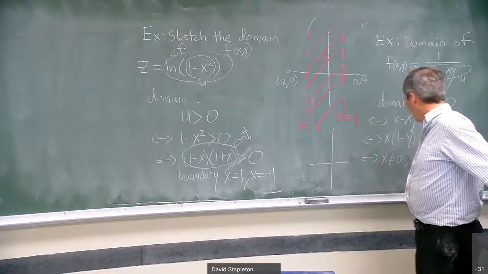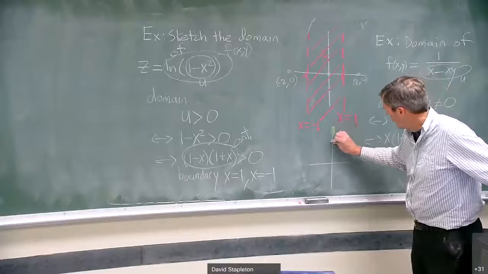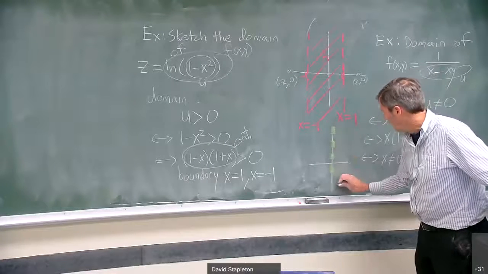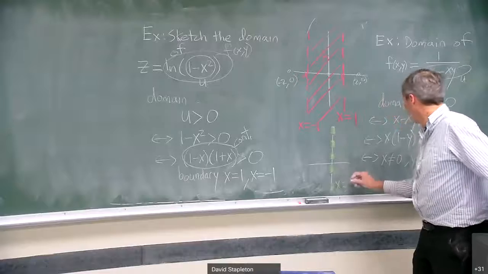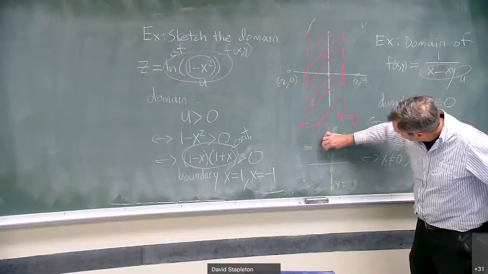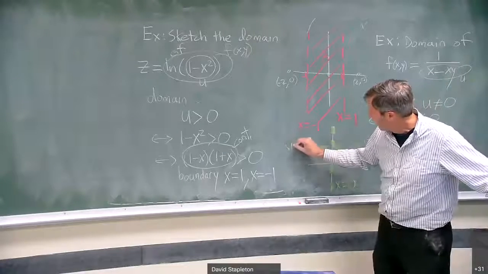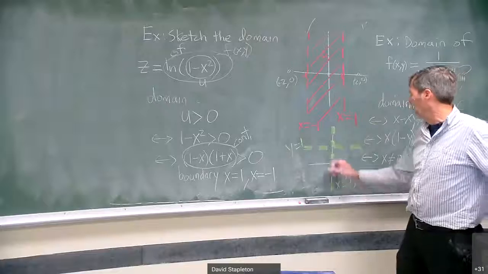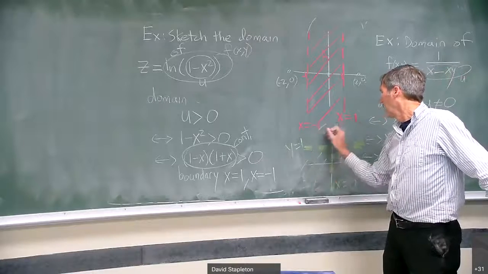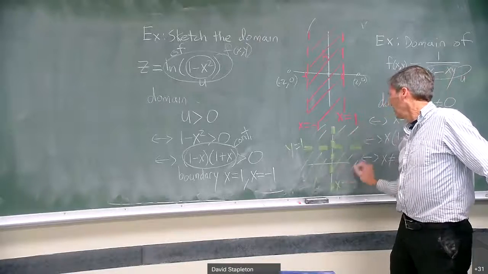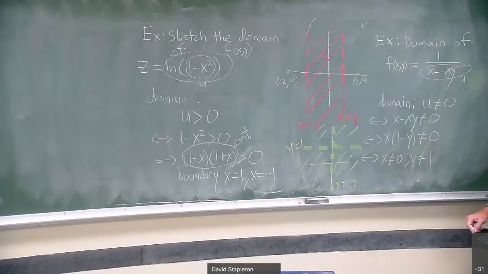You omit the y-axis. That's x equals 0. You omit the line y equals 1. And everywhere else you shade. So the domain is everywhere but those two dotted lines. They're sketching domains.